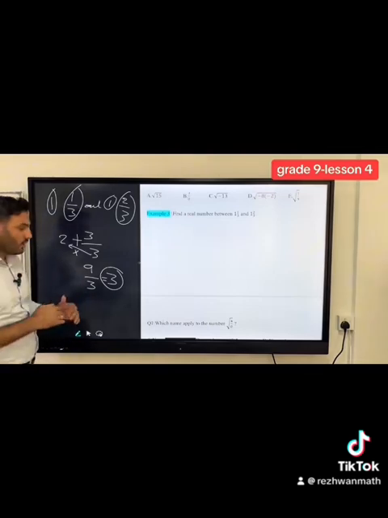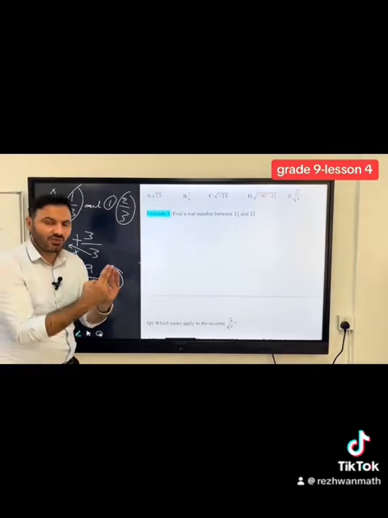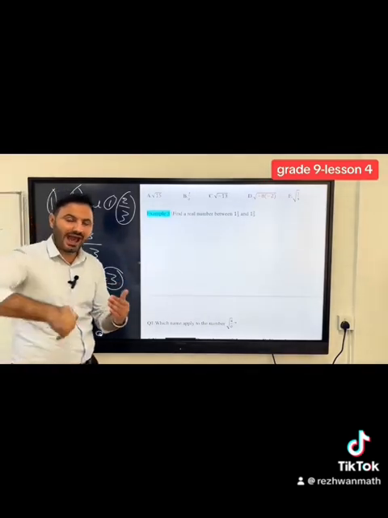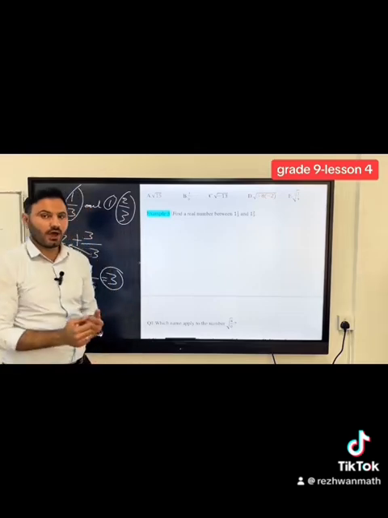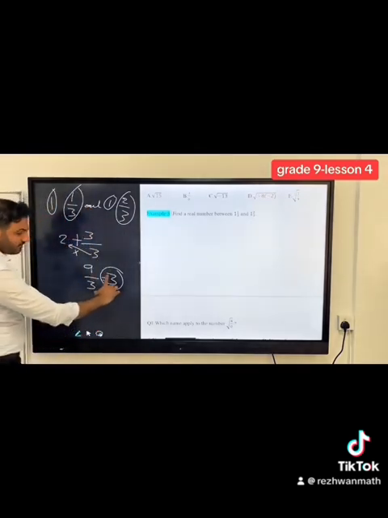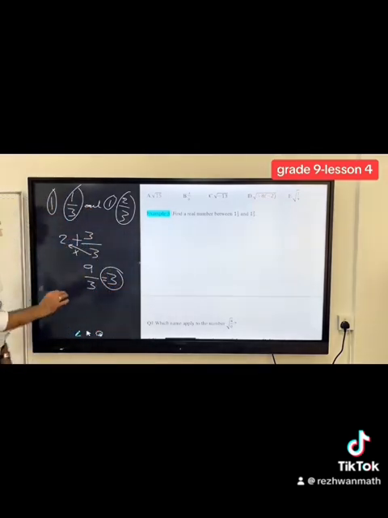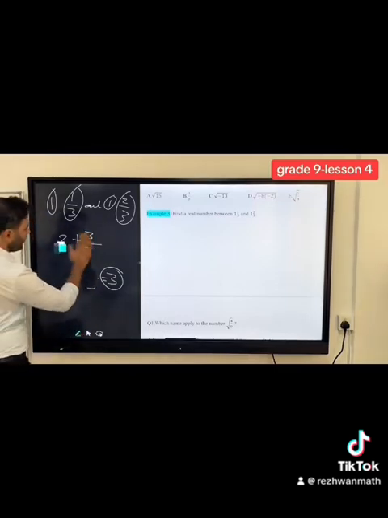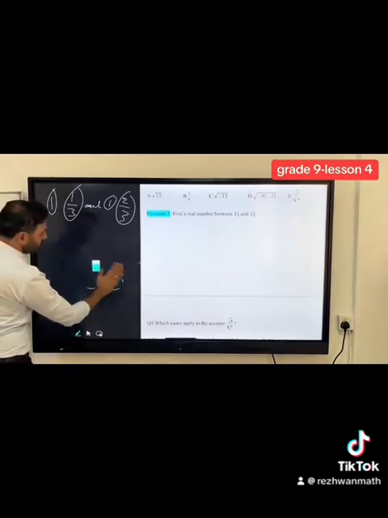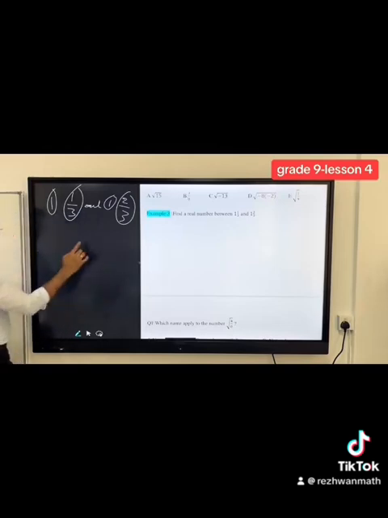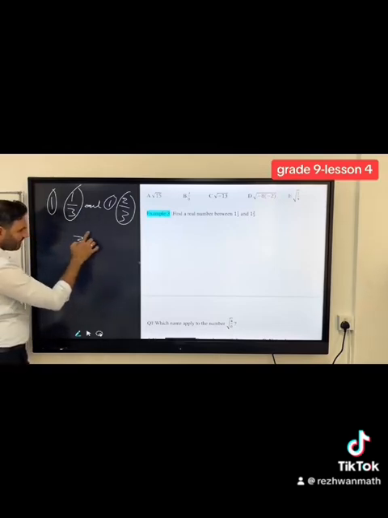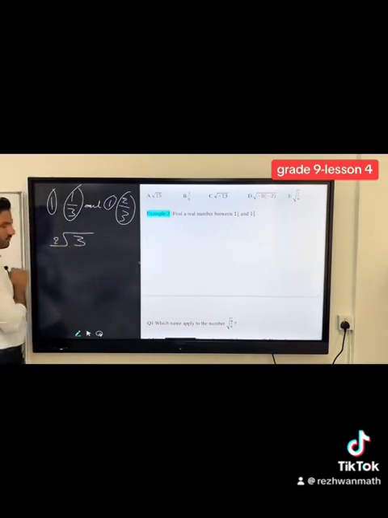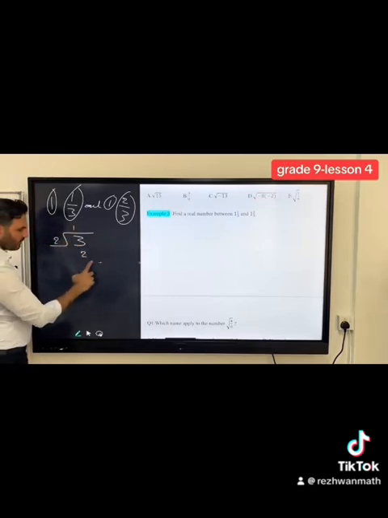Now, we said when we add these numbers together, we have to divide by 2. So I will divide 3 by 2. How many 2s in 3? 1. 1 times 2, we get 2.